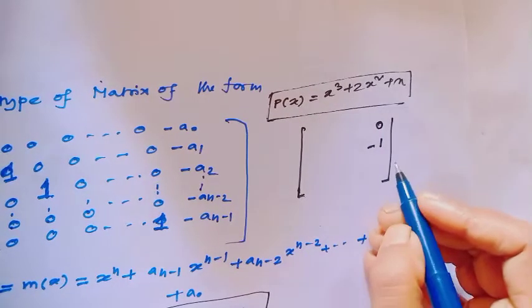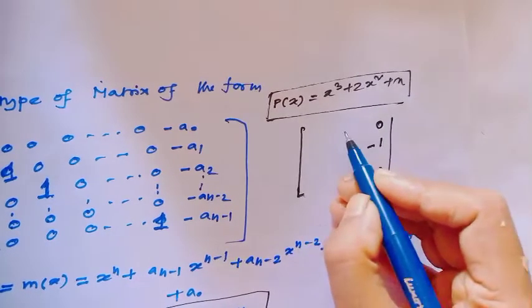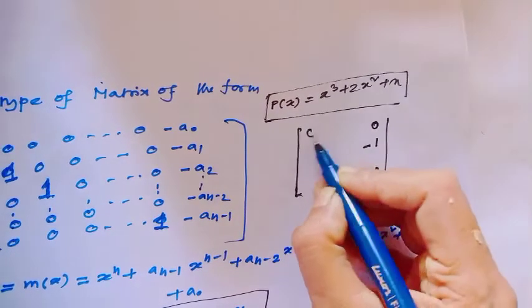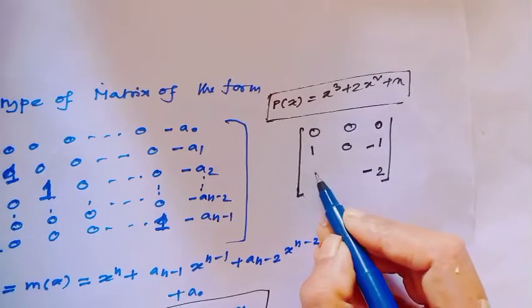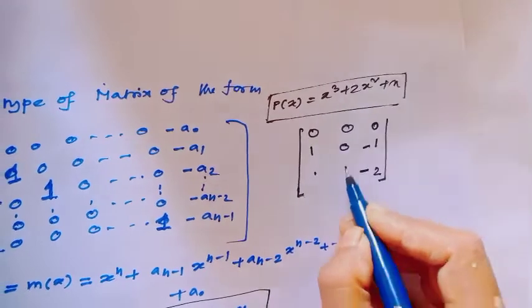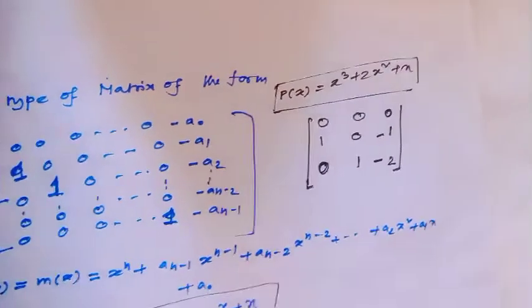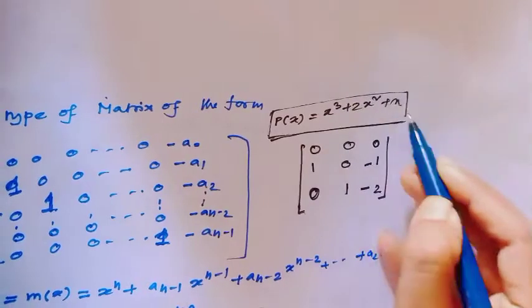For a2 x square, this would be minus 2. Here also 0, 0, 1, 0, and here also 1, 0. This is the companion matrix generated by this polynomial.